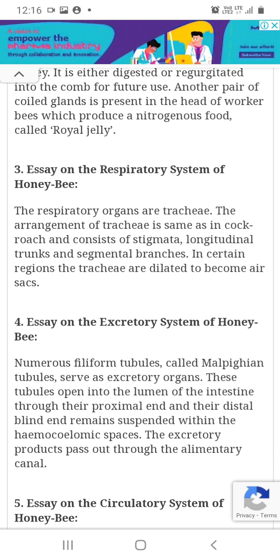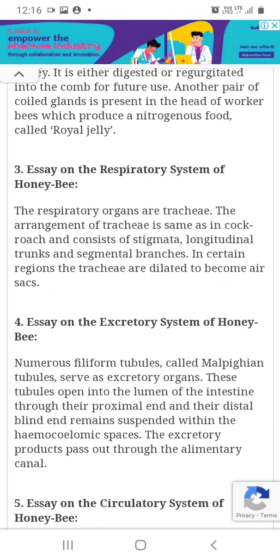ये हम पहले पढ़ चुके हैं कि there are numerous filiform tubules called Malpighian tubules that serve as the excretory organ. These tubules open into the lumen of the intestine through their proximal end and their distal blind end remains suspended within the hemocoelic spaces.